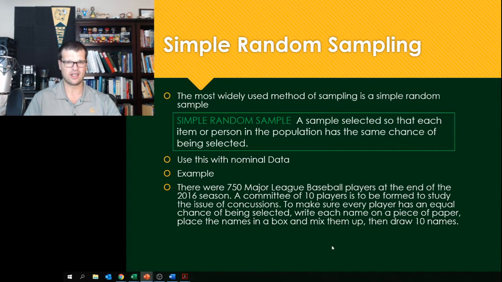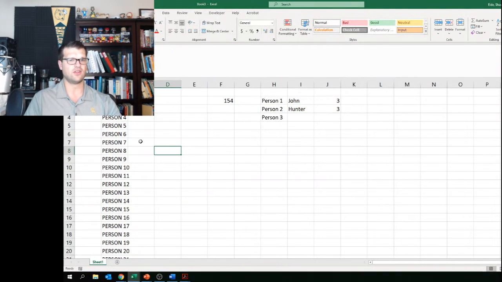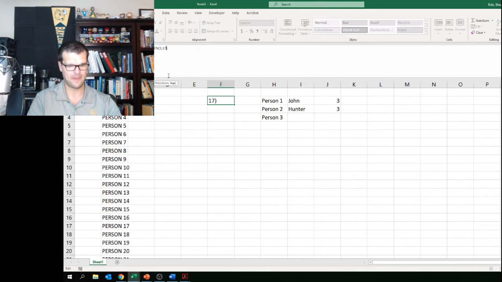So let's take a look at what we would do for this. We're going to do the same thing, except we're going to do 750.